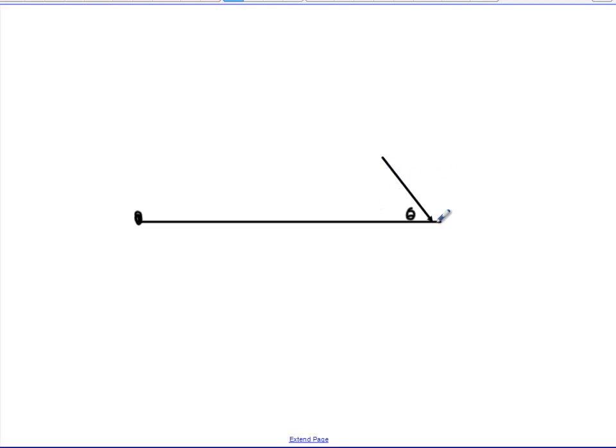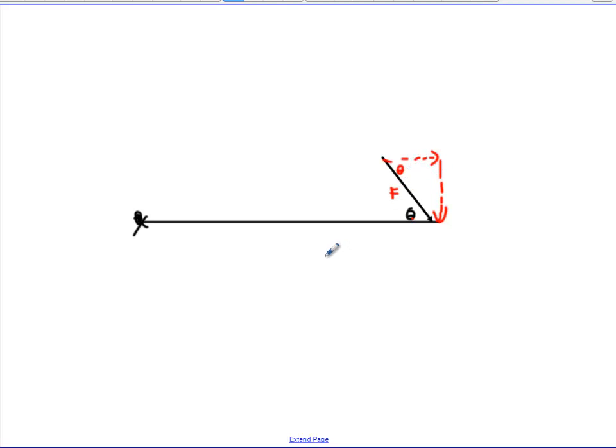Well, to make this thing cause the most torque, we would want this force to be exactly perpendicular because then it's all trying to cause rotation. But if you look at this, some of this force is actually acting this way. That doesn't cause any rotation at all. Some of this force is acting this way. That part does cause rotation. Since this is the angle theta, this up here would also be the angle theta.